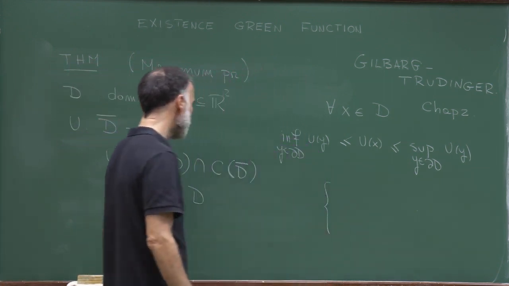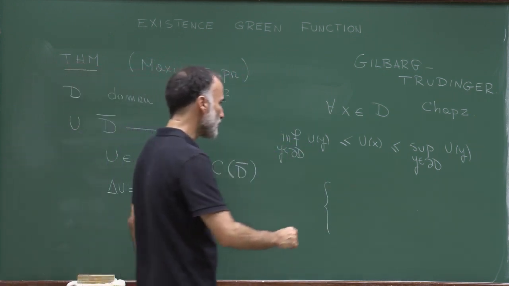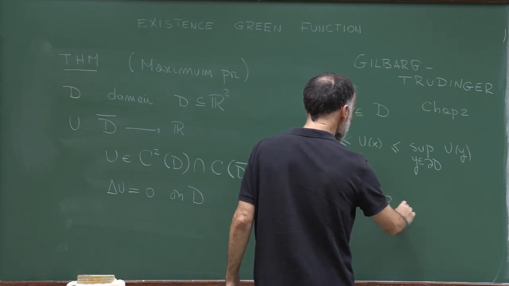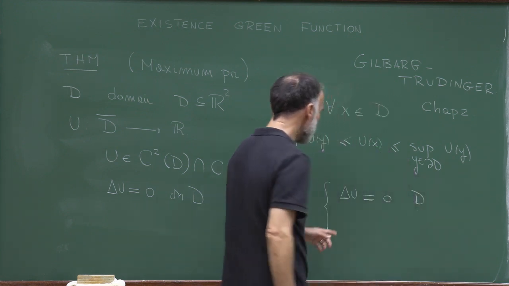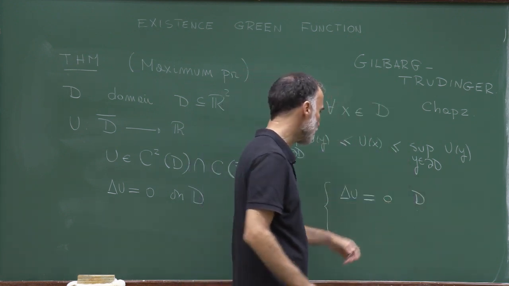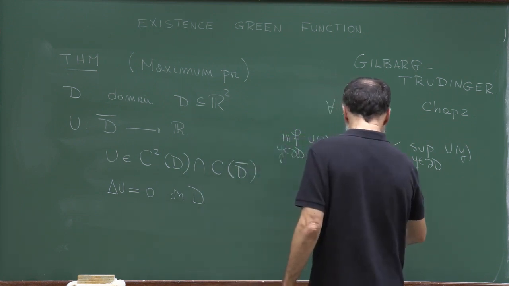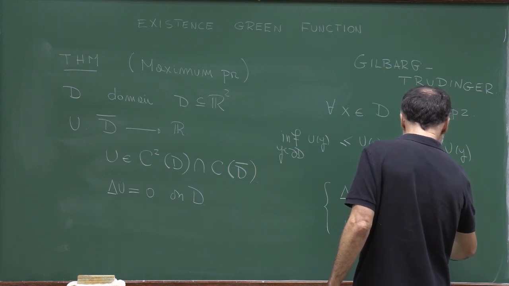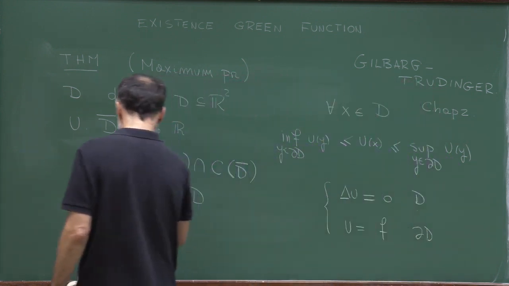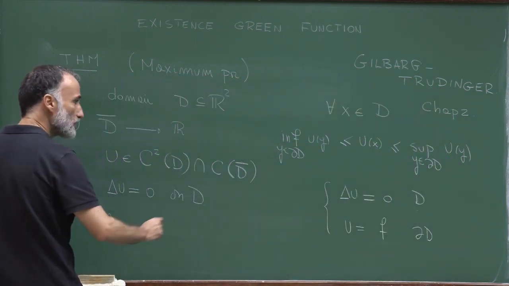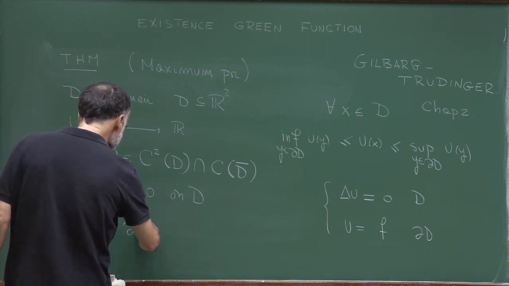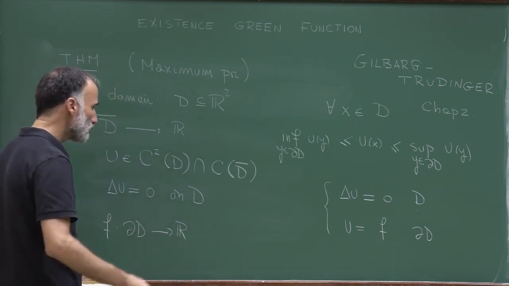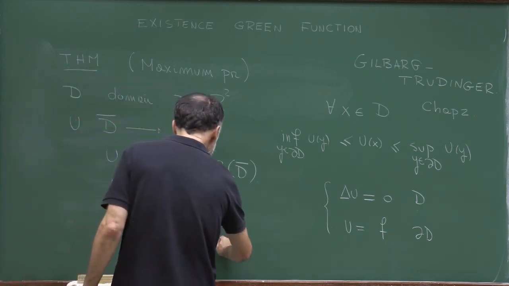You want to solve the Laplace equation, which is Laplacian of U equal to 0 on D. So I'm looking for a function which is harmonic on D and which is equal to a given function at the boundary of D. So I'm fixing a function f, which is defined at the boundary of D, and let's say that f is continuous, if you wish.